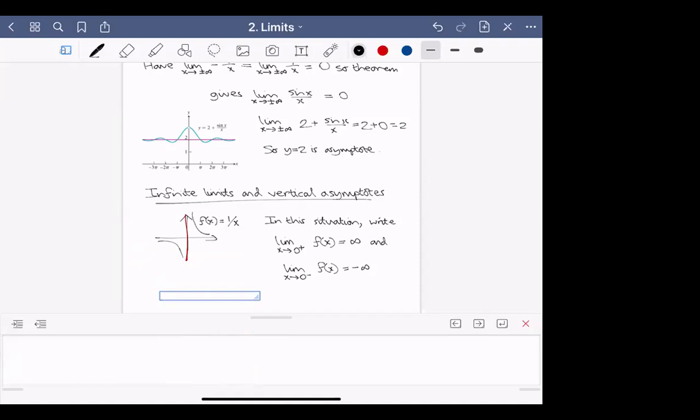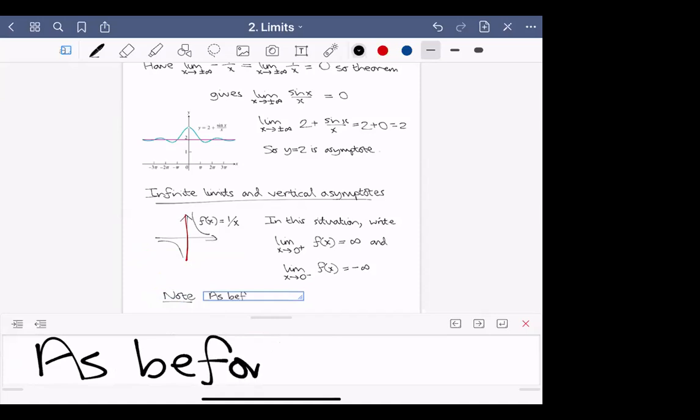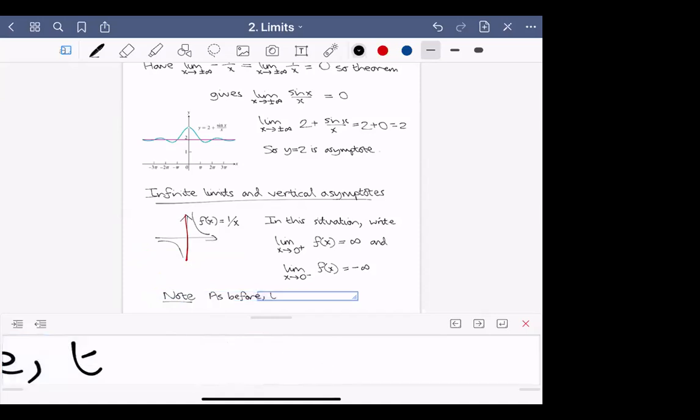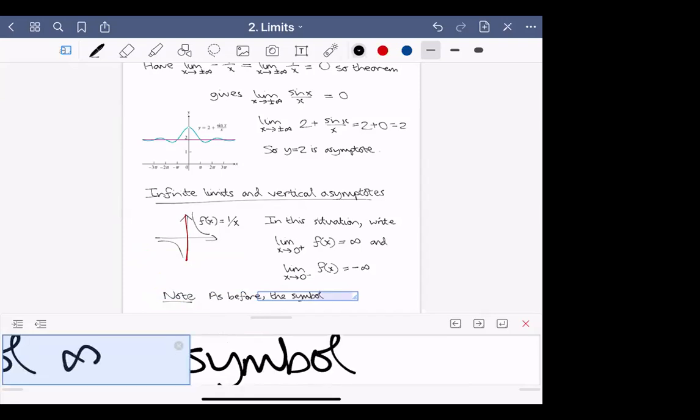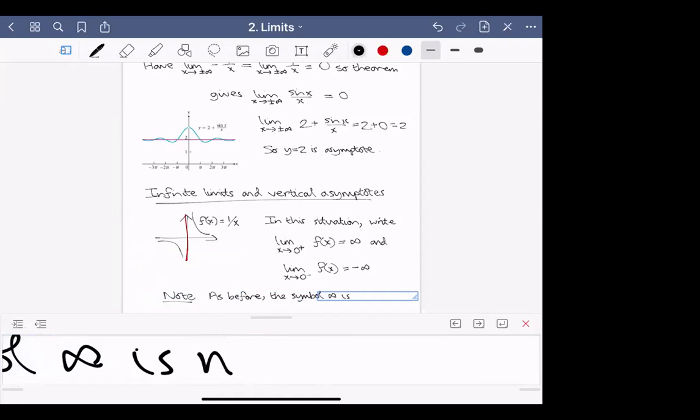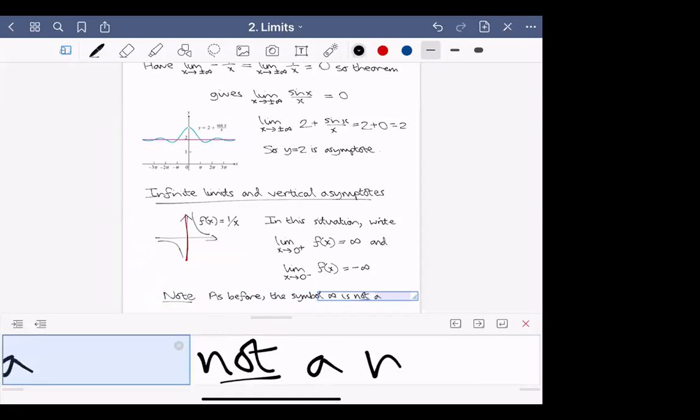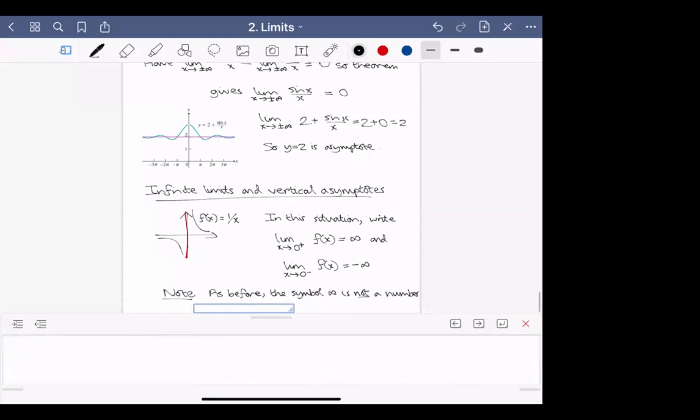But we have to be careful. We don't mean that the limit equals a number, because infinity is not a number. So let me write a note to make that very clear. So the symbol infinity is not a number. Okay, so maybe we've accepted that.